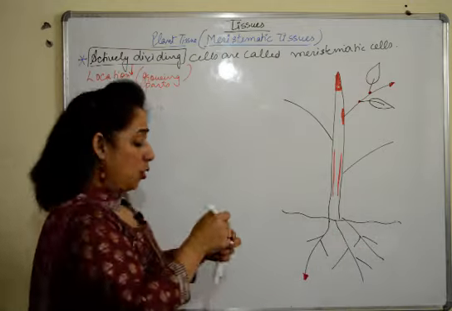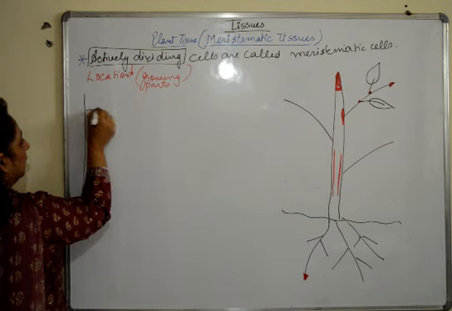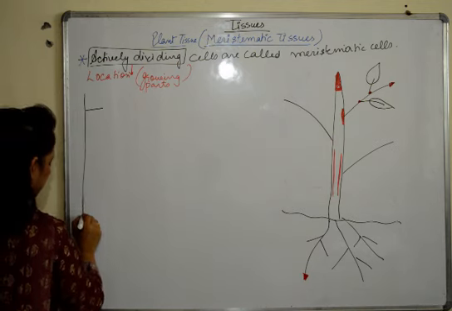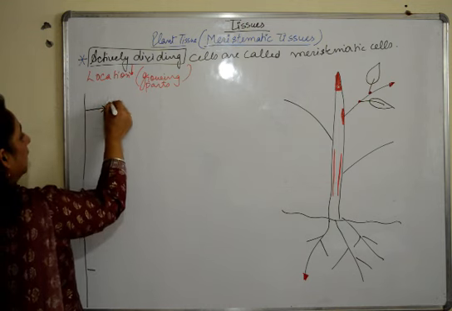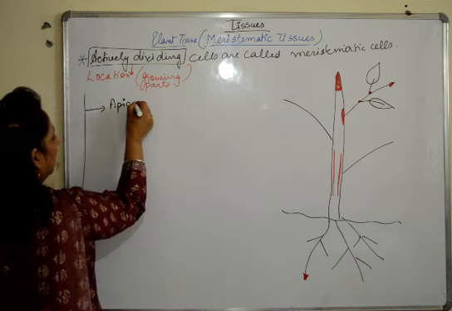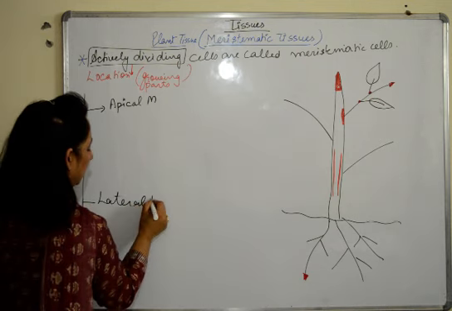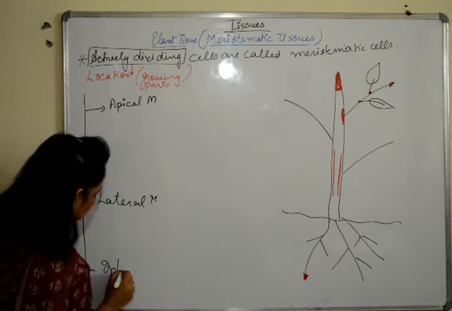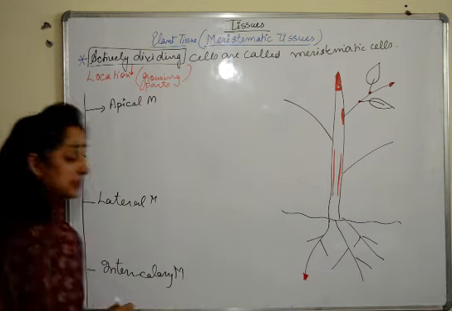Okay, so if you remember, what were the three types? They were apical meristem, lateral meristem, and intercalary meristem.